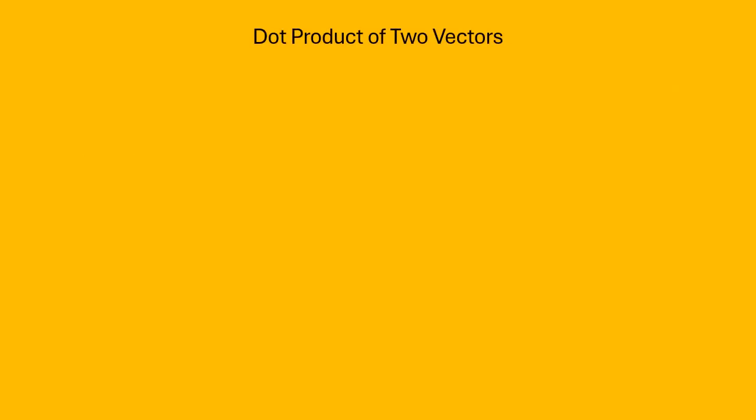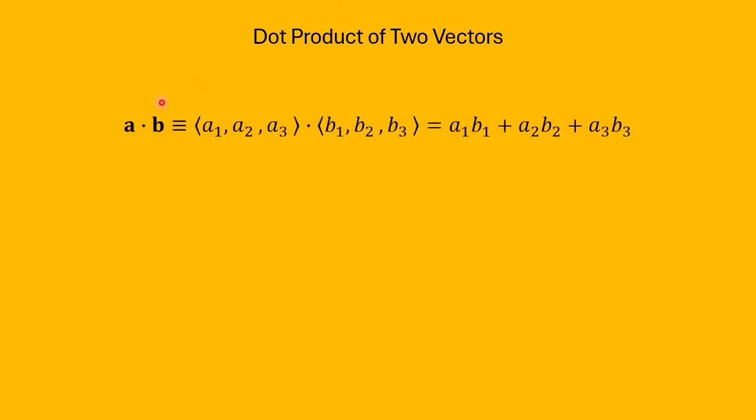Let's recall a couple things about the dot product of two vectors, also called the scalar product, because the dot product of two vectors is a number, a scalar, real or complex, in our case real. First of all, here's the definition. If a and b are vectors, the dot product a dot b is identically equal to this.